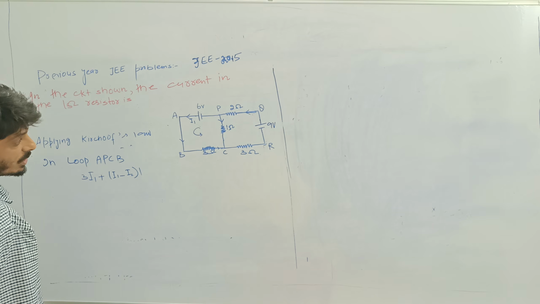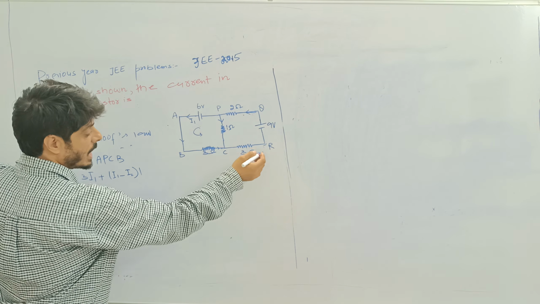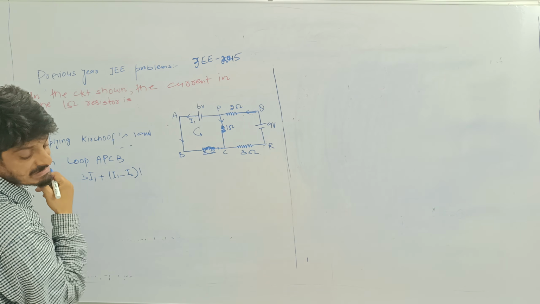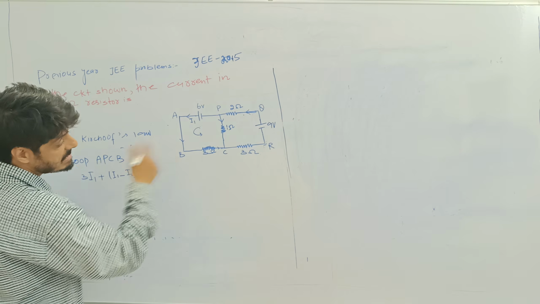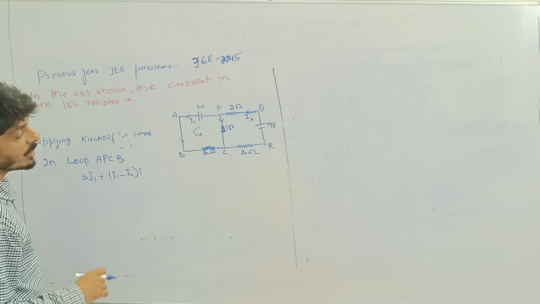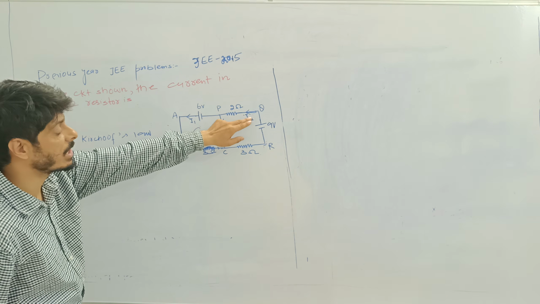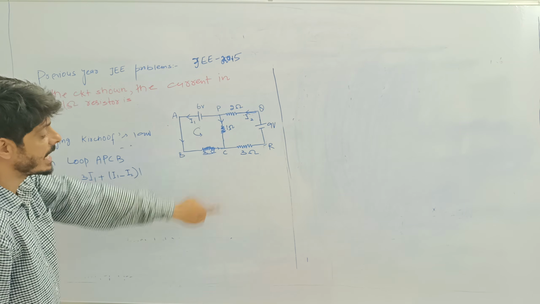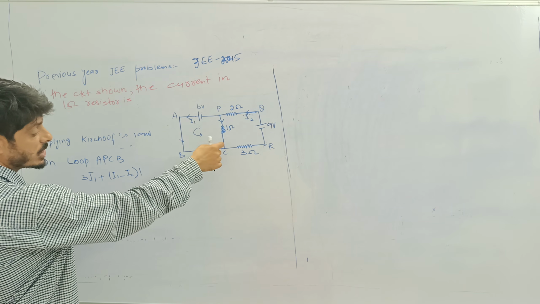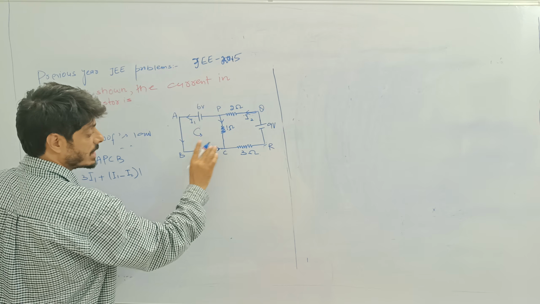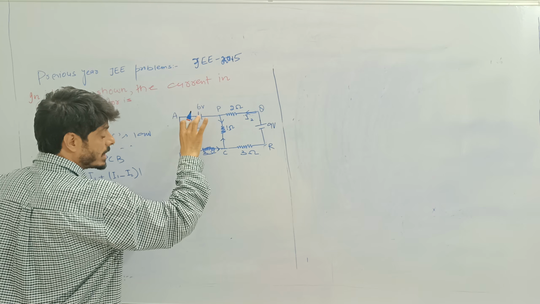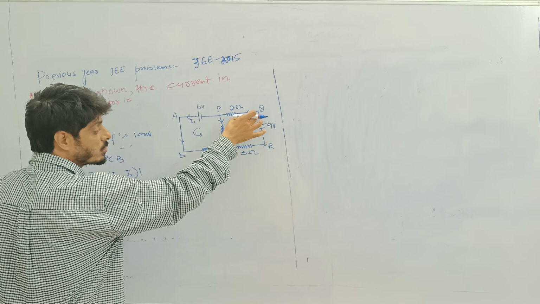If this is I1 and this is I2, the direction of the second current is like that, so this current I1 through that resistance has this direction, but the I2 current has this direction.